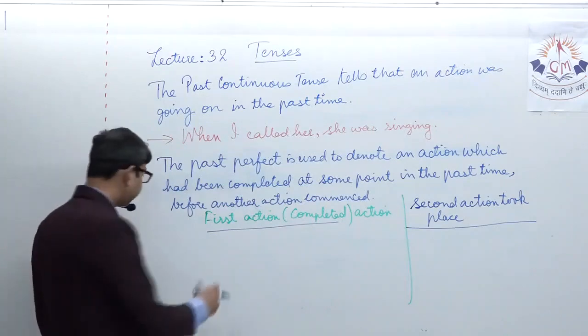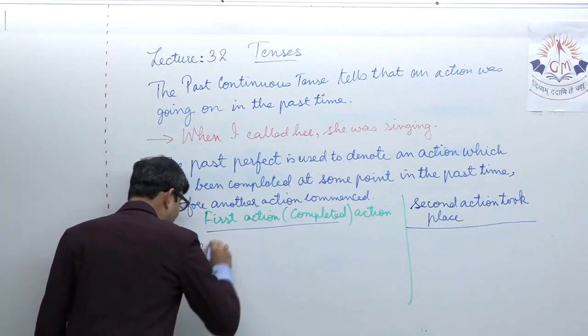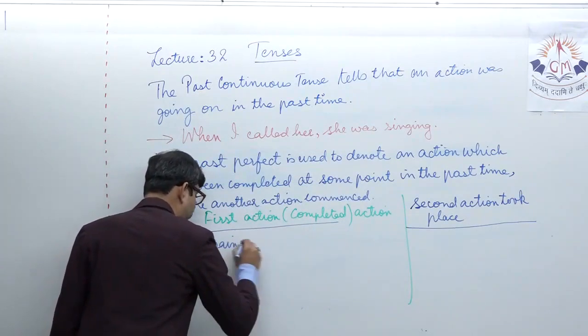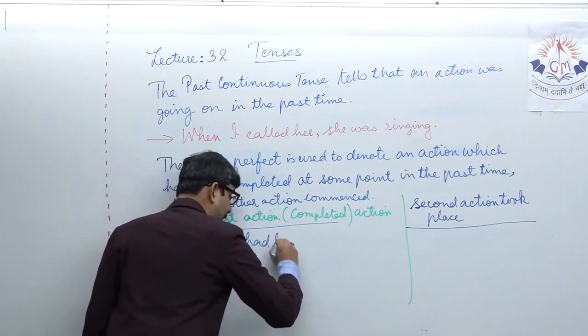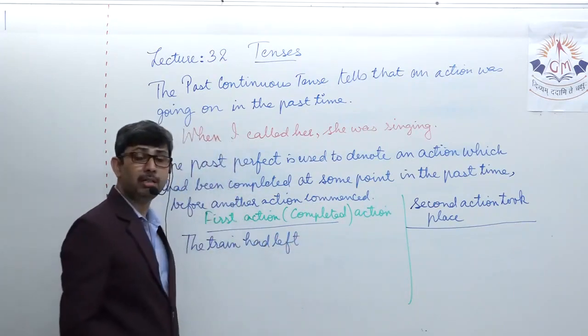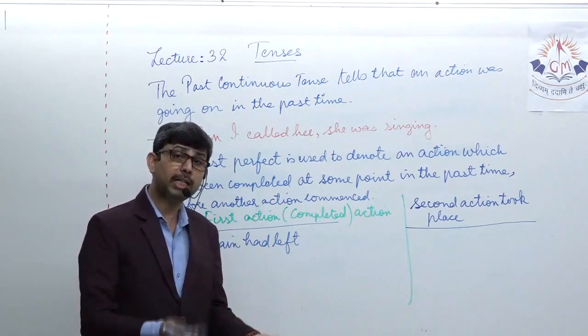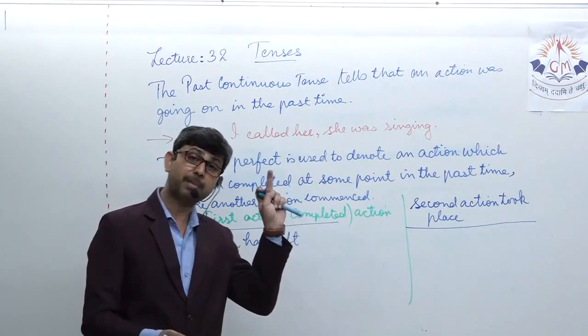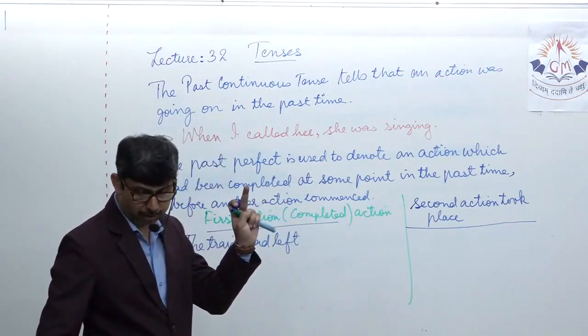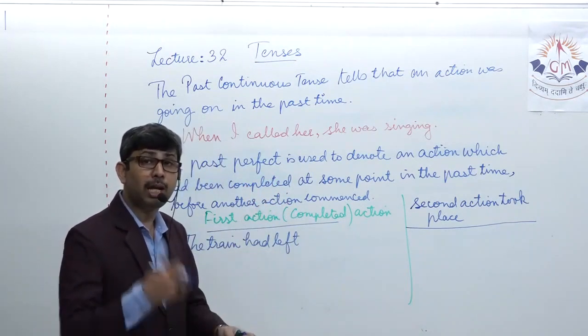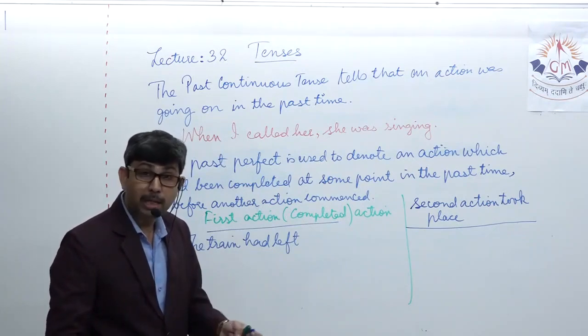When I say the train had left, it means the going of the train was already completed at some given point of time in the past. So I say the train had left, but when?